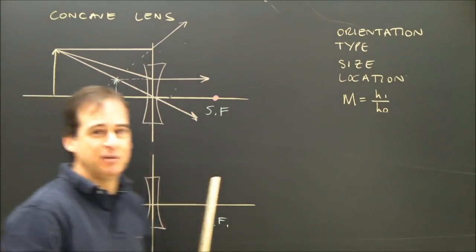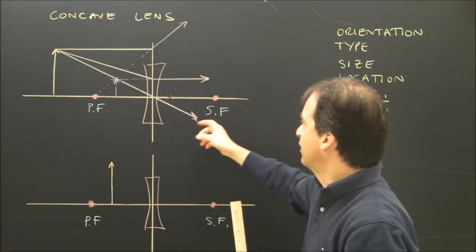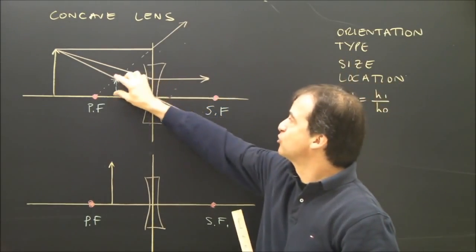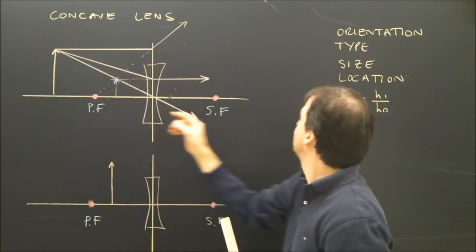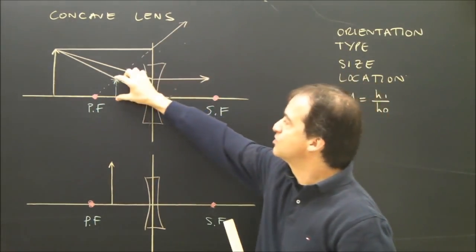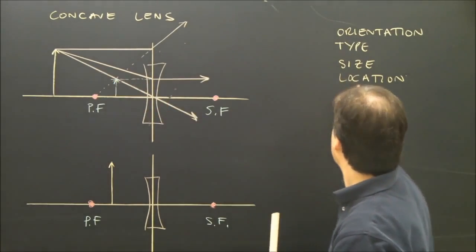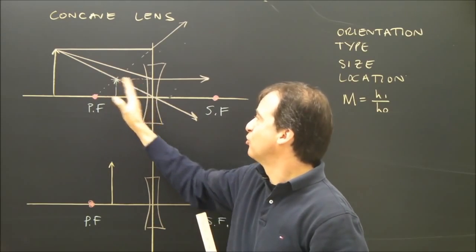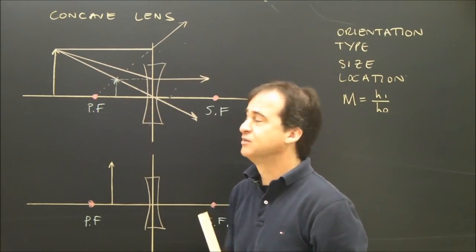So to describe the image, I have to describe its orientation. It's upright. The image type is virtual because these rays didn't actually meet. The size is smaller. The location is between the primary focus and the lens, so it's closer to the lens than the object.